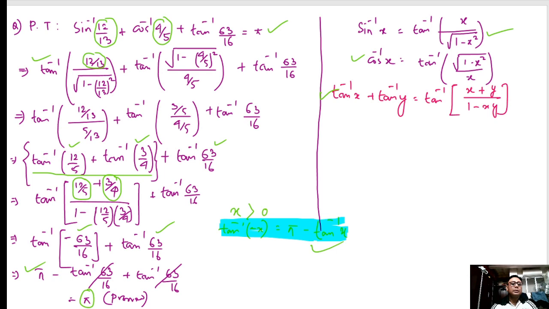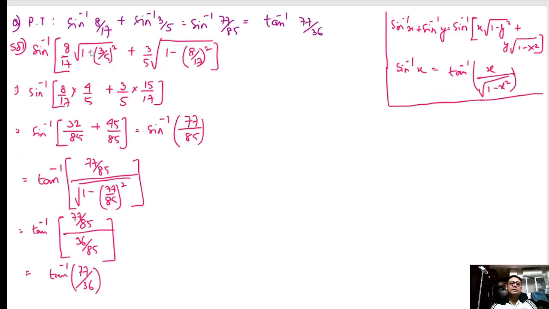The sum says prove that sine inverse 8 by 17 plus sine inverse 3 by 5 equals this. So first of all, let us use the formula for sine inverse x plus sine inverse y.